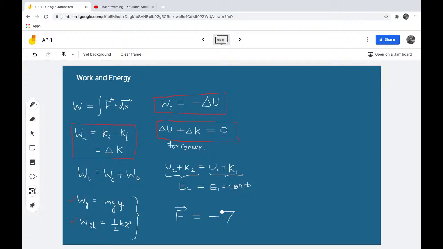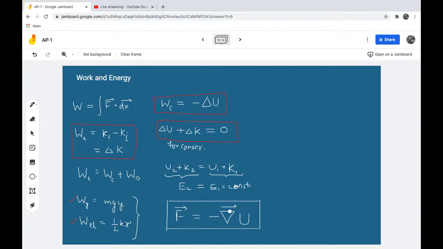You use your del vector, operate it on the potential energy, and you get your famous equation that helps you get the force from the potential energy. So you know how to expand this.